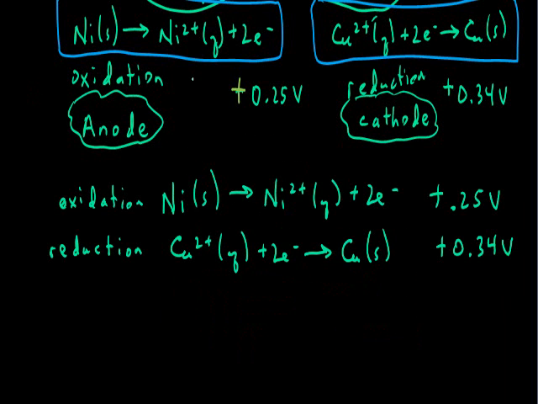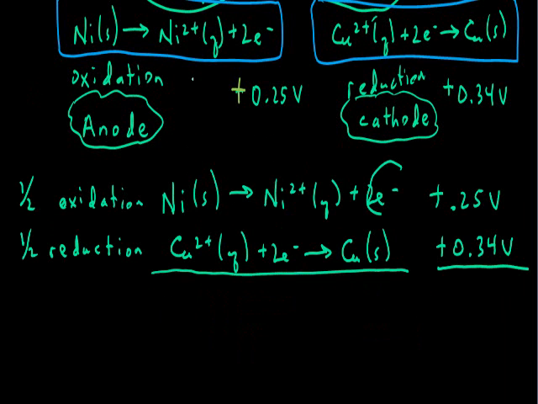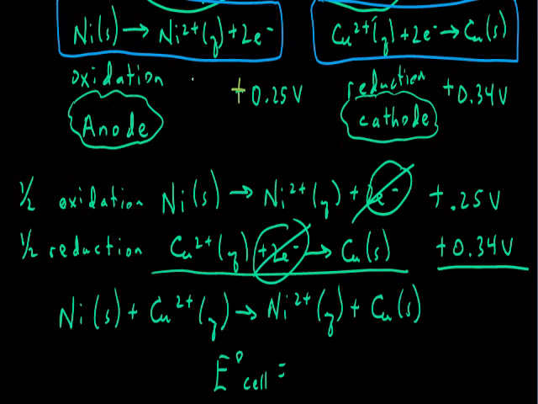Our last part now is to take our two half reactions, the half reaction for oxidation and the half reaction for reduction, and combine these two reactions together to get an overall reaction and also determine what our voltage is for this entire reaction. The key thing is we have to make sure the electrons being lost and the electrons being gained are equal in both half reactions to allow the electrons to cancel out when we combine the reactions together.